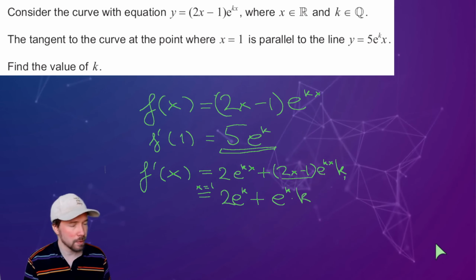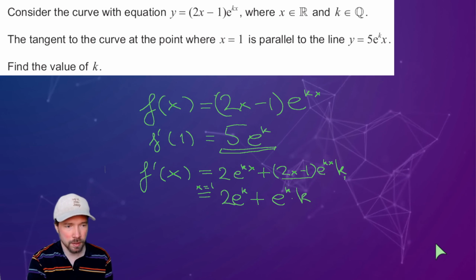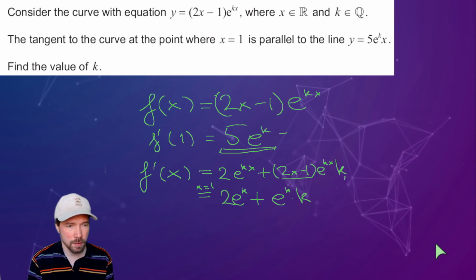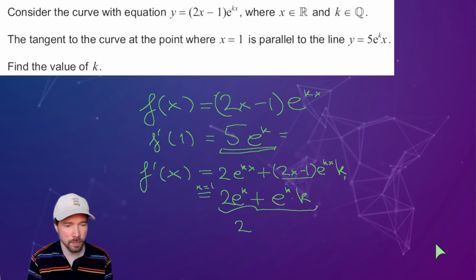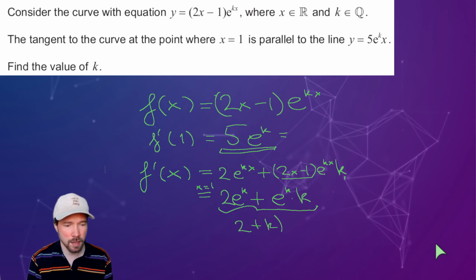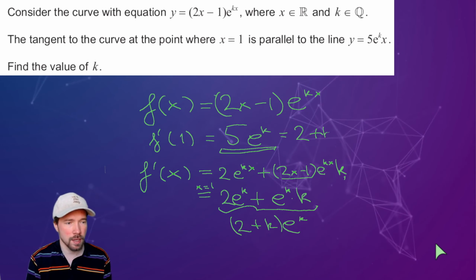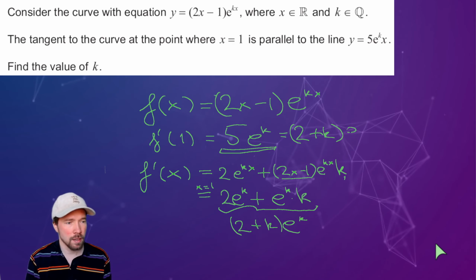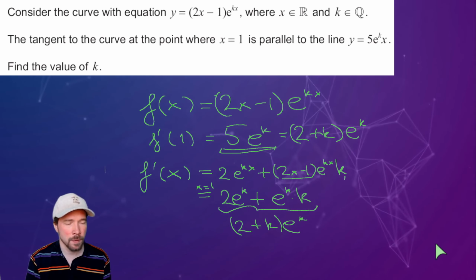Now we get an equation: this equals this, and we can simplify it, saying it's (2 + k)e to power k. So this is our equation.